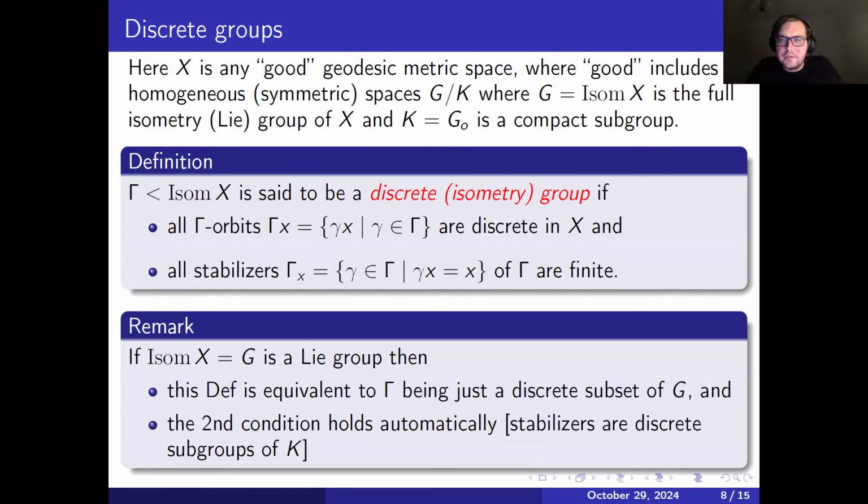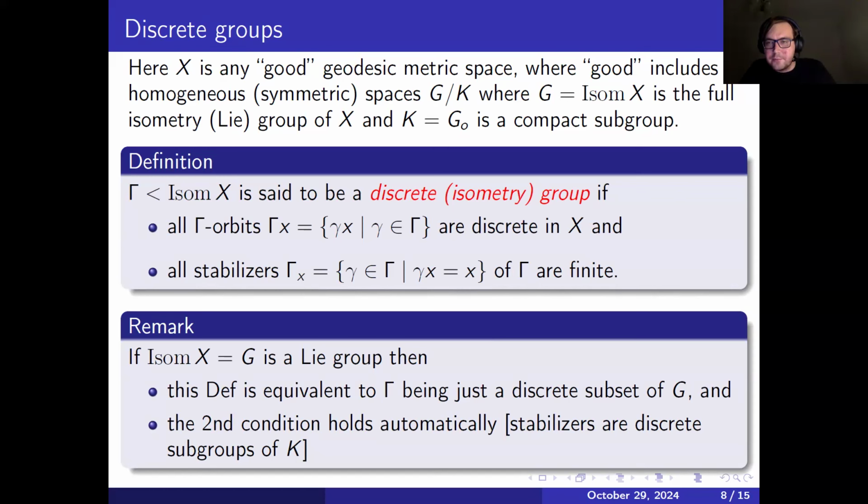Well, this is not completely true. The important thing is that this is a compact subgroup, not just a subset. Yes, a discrete subgroup of a compact subgroup, not just a subspace.